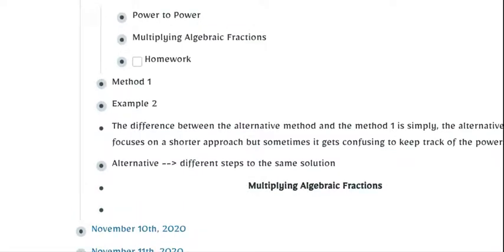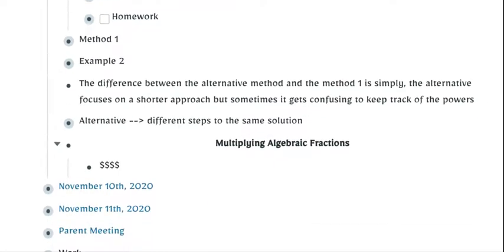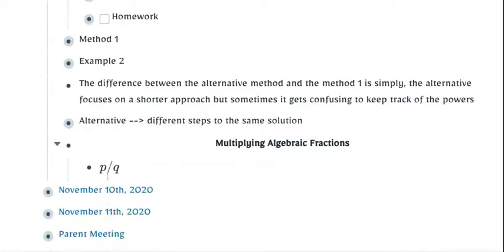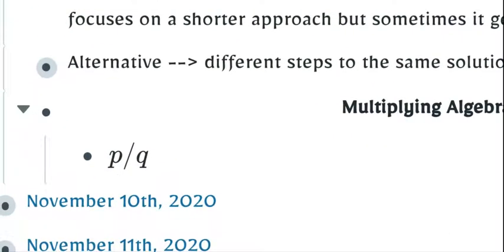What is this symbol used for multiplying? Let's quickly refresh. X. Right? So when we're multiplying algebraic fractions, we have, for example, a random value P divided by Q. So we have this fraction, and essentially we're going to do the same step as before, where we expand what we had.